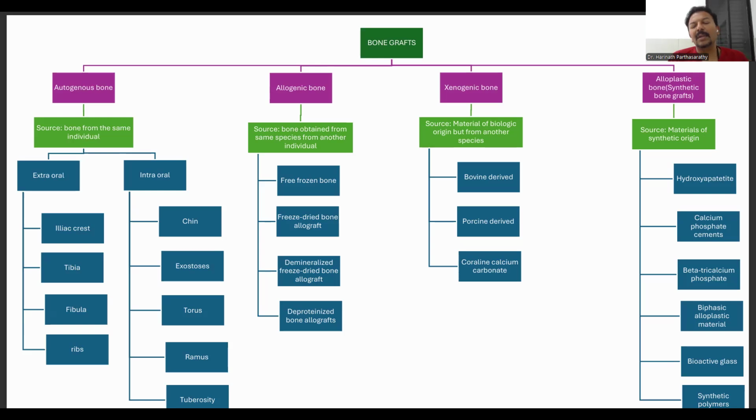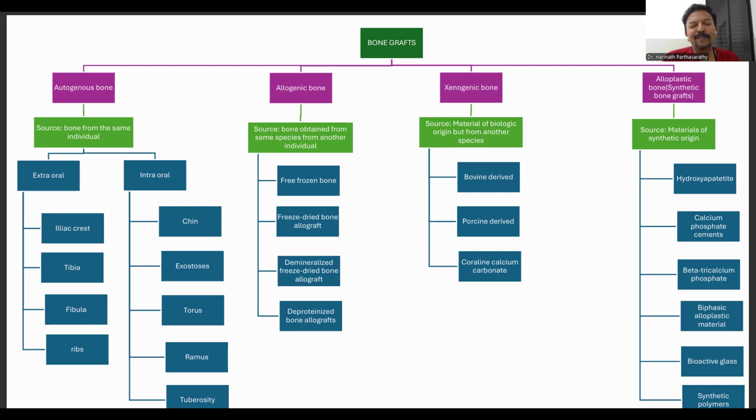In this allogenic bone, which is bone obtained from the same species from another individual, we have frozen bone, freeze-dried bone allograft, demineralized freeze-dried bone allografts, and deproteinized bone allografts.